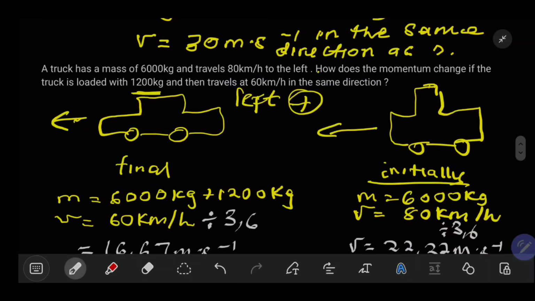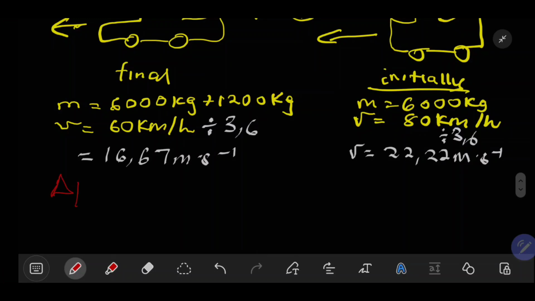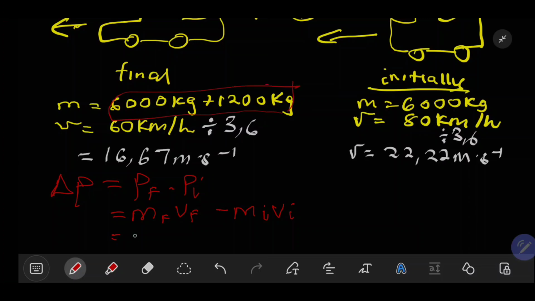Okay, so now the question wants us to calculate the change in momentum of this truck. To calculate the change in momentum, we know that the formula says change in P is equal to P final minus P initial. So it means we have the final mass and the final velocity minus the initial mass and then V initial. For the final mass, we add the two here, then we get 7,200.